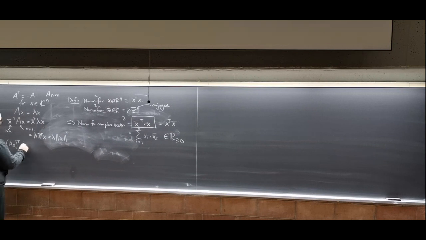So what I'm going to do is apply transpose only to the left-hand side. Because again, it doesn't really matter if I apply it only to the left-hand side or to both sides, because it's a number and a number. Right? So if I apply transpose to both sides, what do I get in the end? I get (Ax) transpose times x bar equals lambda times the norm of x squared.